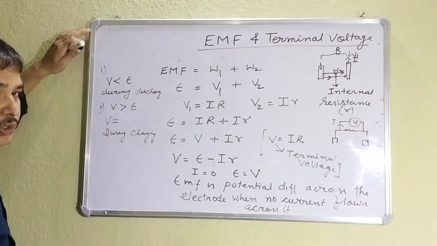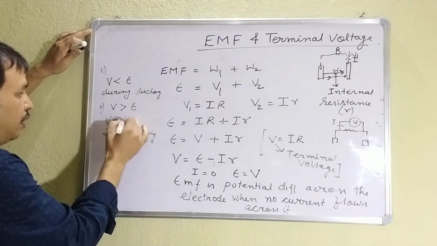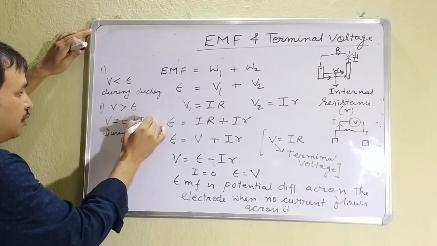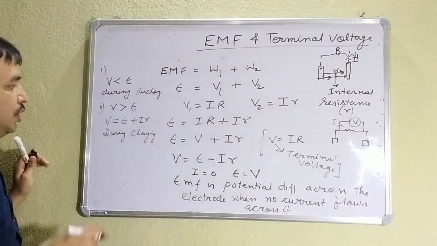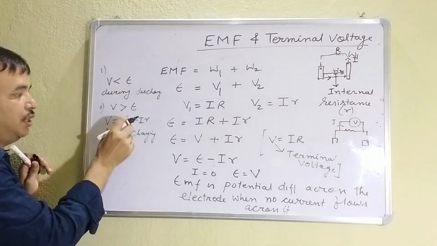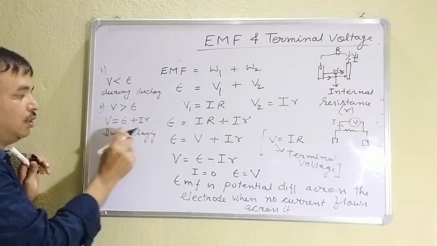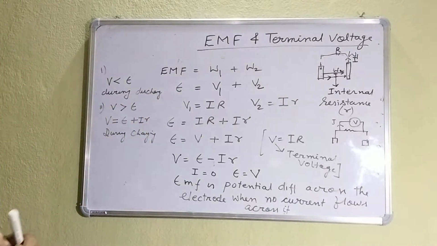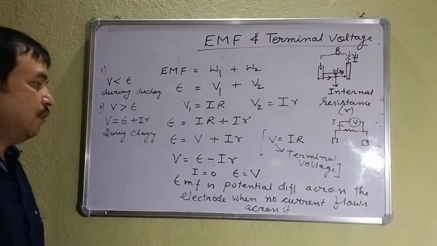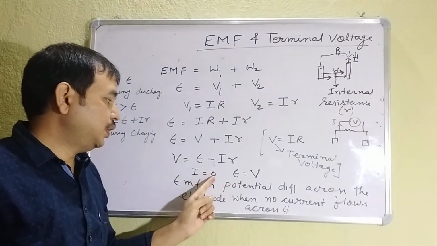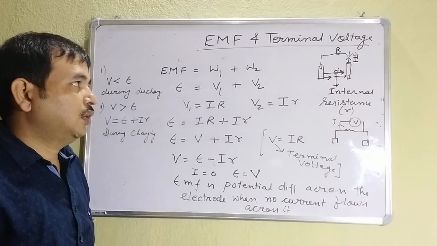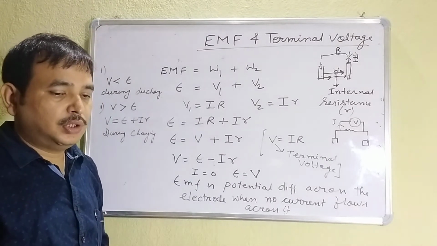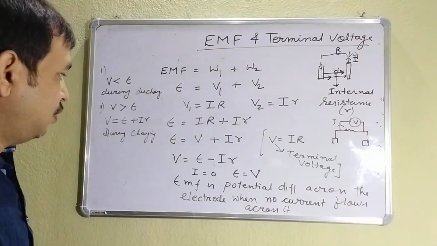We will see in the combination of cells that this became the formula E plus Ir. Clear? So in this case, terminal voltage is EMF plus Ir. So during charging, terminal voltage became greater than EMF. And it is equal to EMF when there is no current flowing through the circuit. So this is all about the terminal voltage.